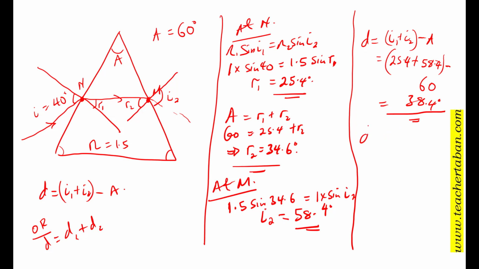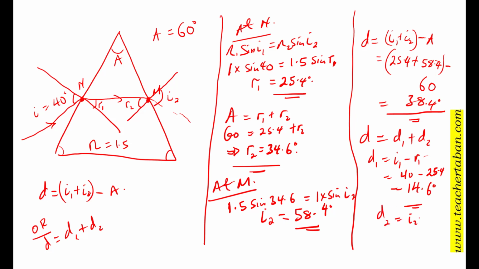Alternatively, some may say that simply we know that our D is equal to D1 plus D2. My D1 is equal to I1 minus R1, which is equal to 40 minus 25.4. This gives me 14.6 degrees. Then my D2 is equal to I2 minus R2, which is equal to 58.4 minus 34.6.